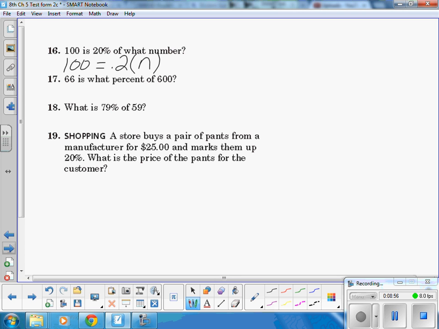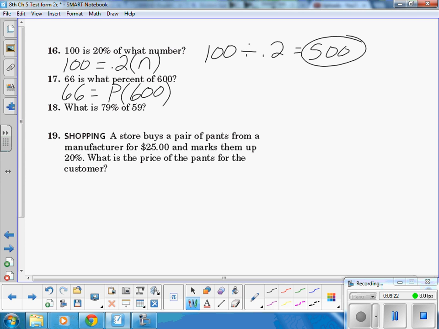In this problem, the way it is set up, I will go 100 divided by 0.2 on the calculator in that order. The answer is 500.